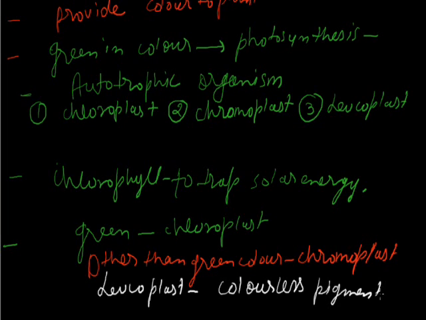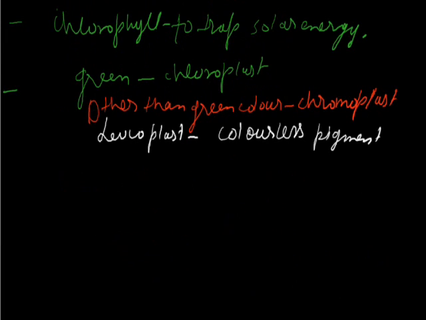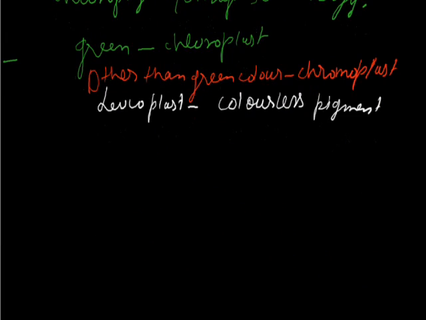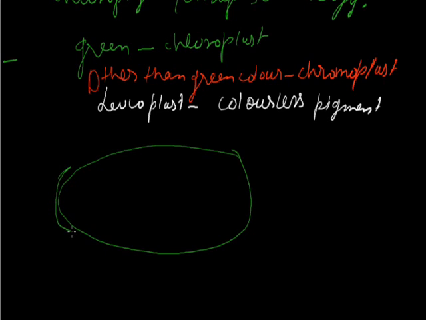The structure and detail of this topic we have already discussed in the chapter nutrition in plants, so we just give a brief introduction of the chloroplast. First we'll start with the chloroplast. If I draw the structure of the chloroplast like this, it is a double membranous structure.